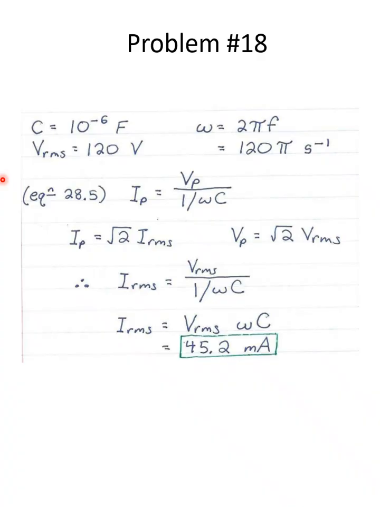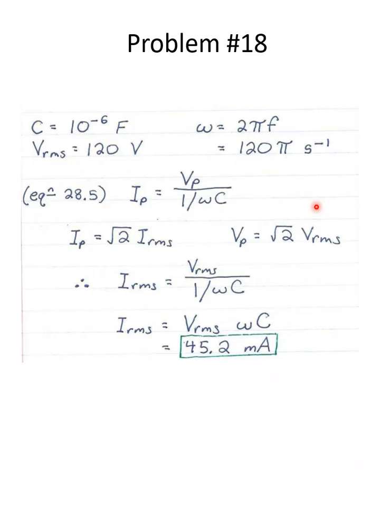So let's go to the equation given in the book that peak current is peak voltage divided by the reactance, the capacitive reactance. So it's kind of like Ohm's law. There's not resistance down there, but it's capacitive reactance. And so we get peak current is peak voltage divided by 1 over omega C. And there is this relationship between RMS and peak. So peak current is square root of 2 times RMS current, and peak voltage is square root of 2 times RMS voltage.